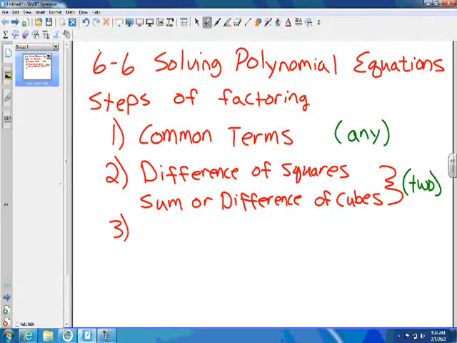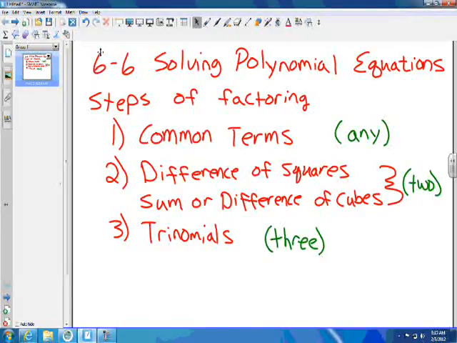What's the next thing it tells you to look for? And we just call them trinomials. That way we don't get confused on whether they're perfect or general. We just call them trinomials. That's the next thing you check for. And how many terms are obviously involved with that? 3. And the last thing, what do we try?